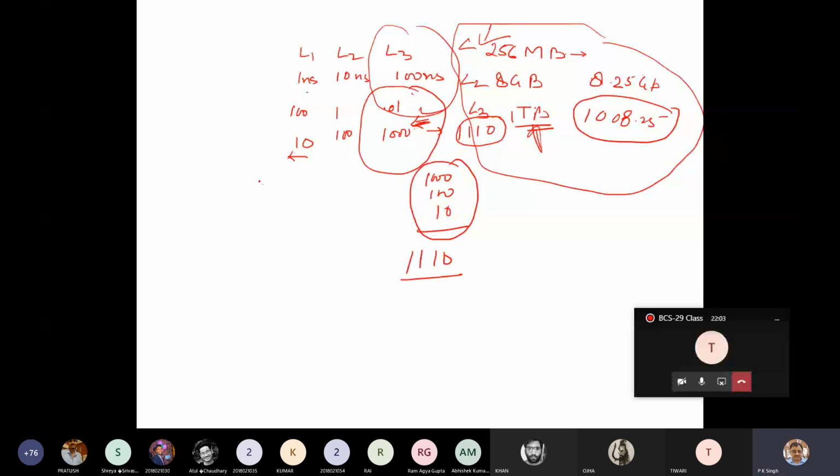We will discuss the technology behind this. The 256 is cache, and for cache we use semiconductor, also called static RAM.